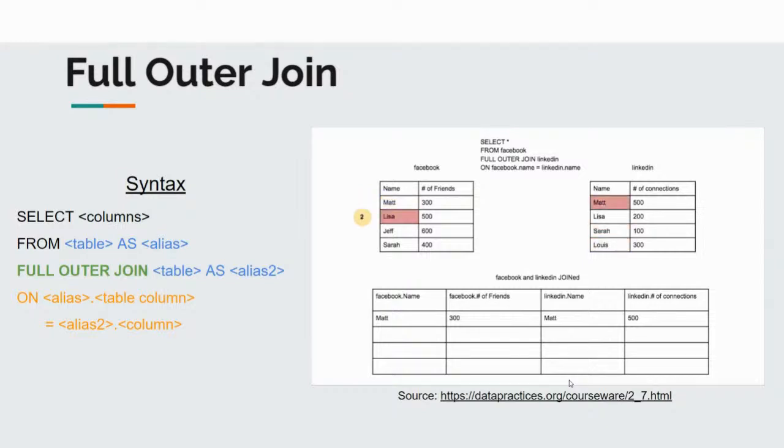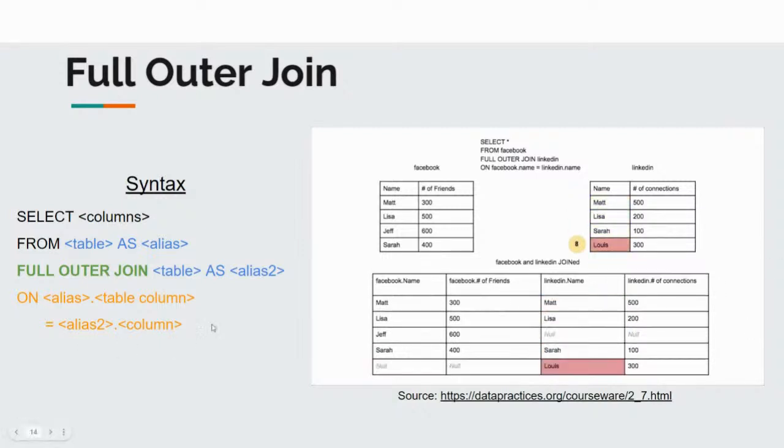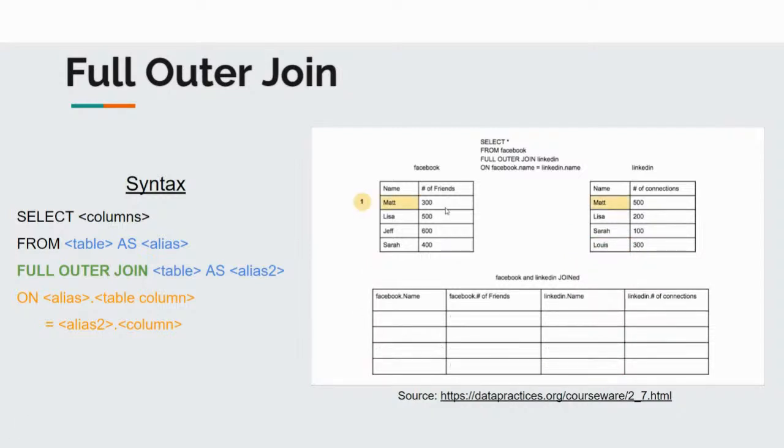So there's not a key for one table or the other, and you have to see why there's not a common key between them, where perhaps the two tables should match up, but for whatever reason they don't. But it could also provide really valuable information, like Jeff is on Facebook but not LinkedIn, but Lewis is on LinkedIn but not Facebook.